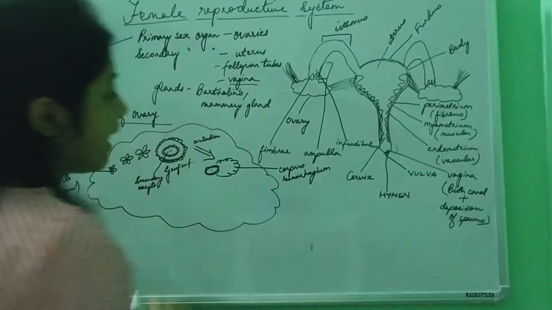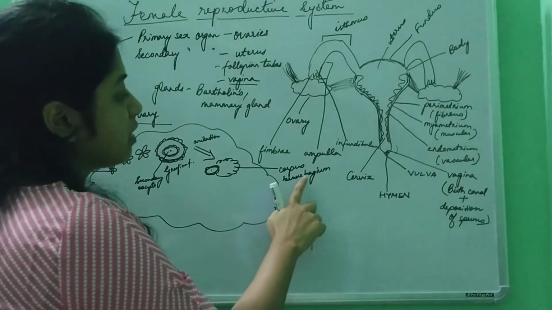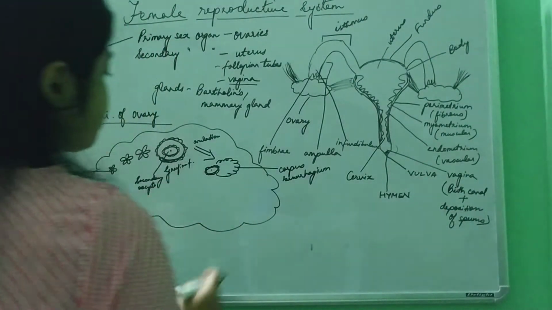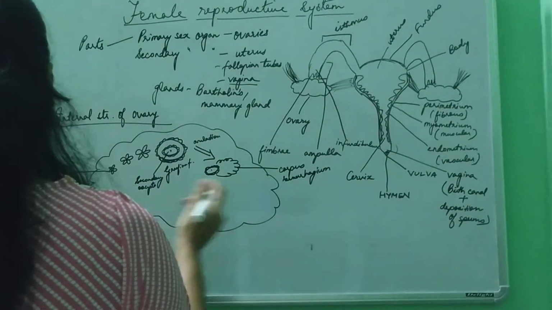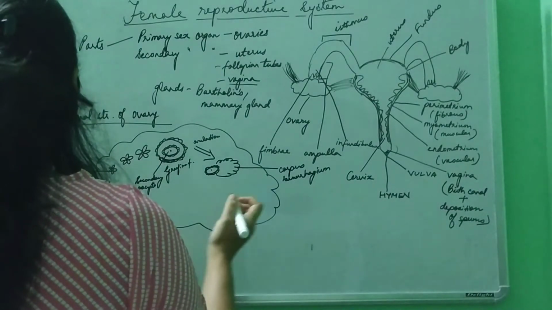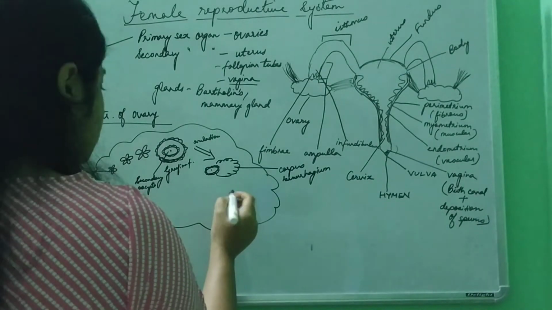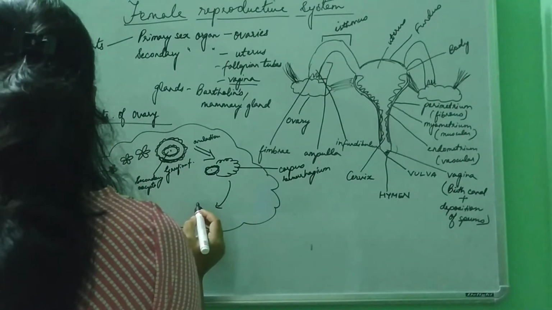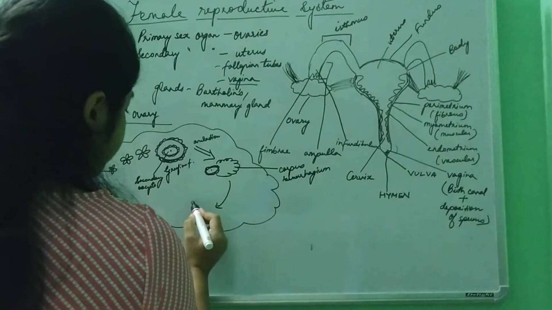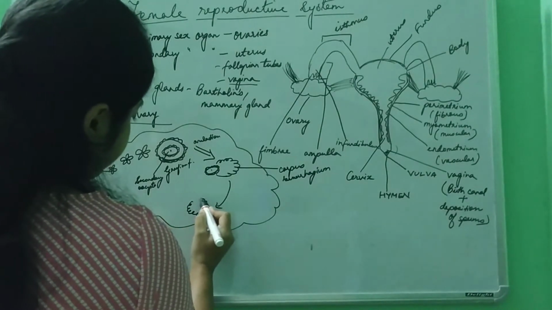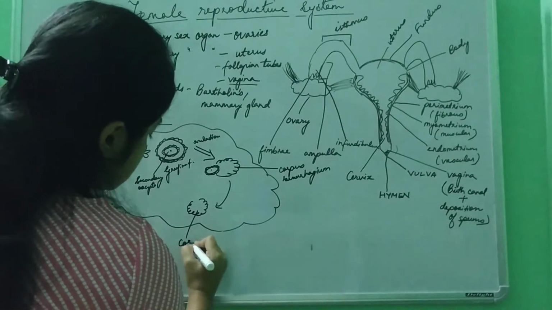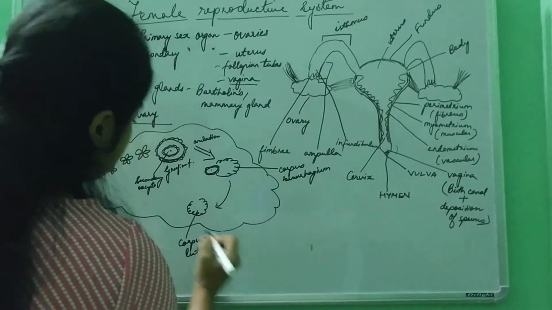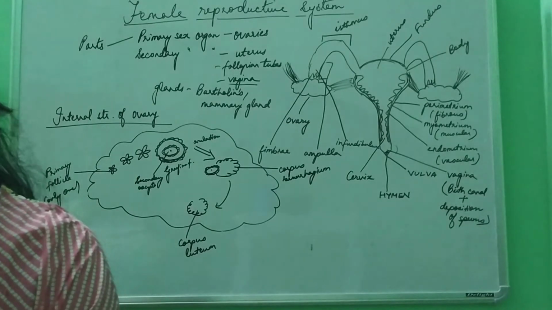Then after this, the corpus hemorrhagium will change to another very important structure, which is known as corpus luteum. Okay. Why is the corpus luteum important?